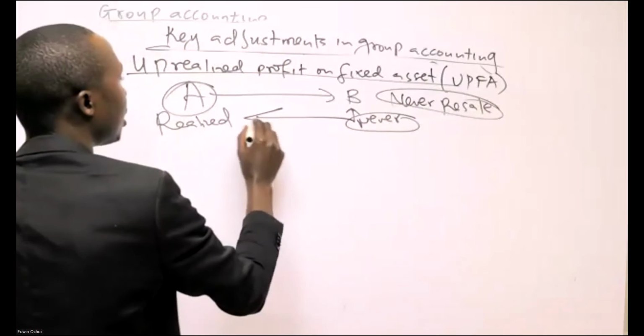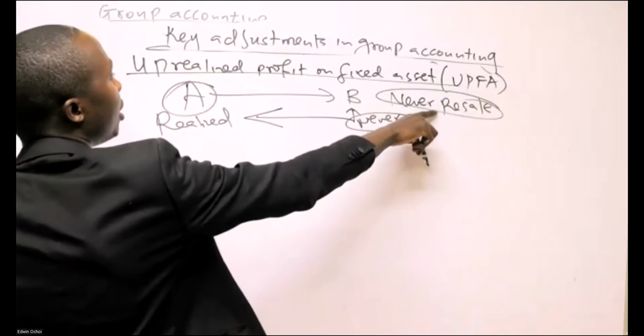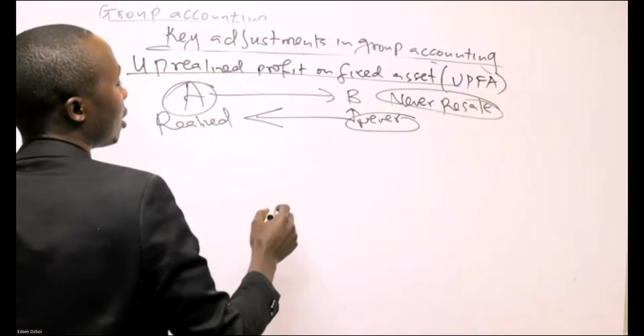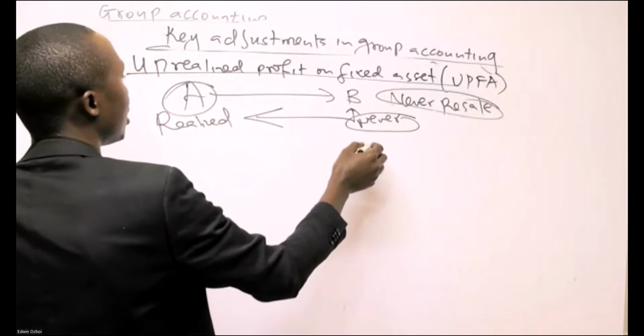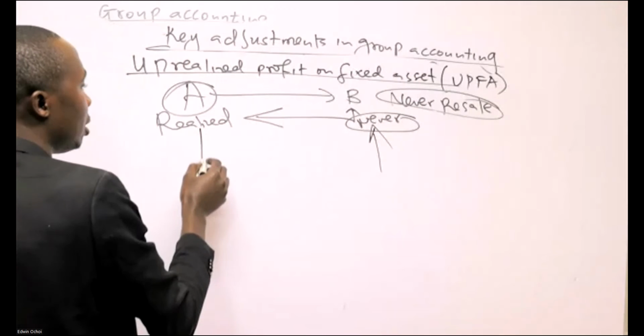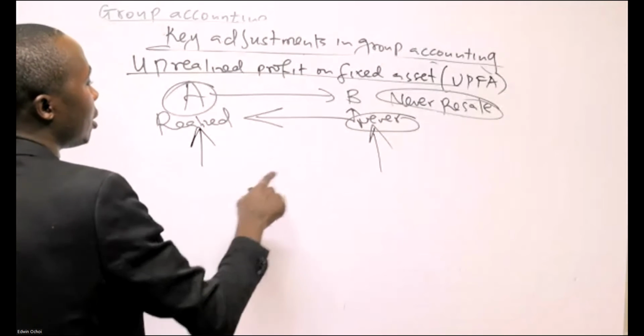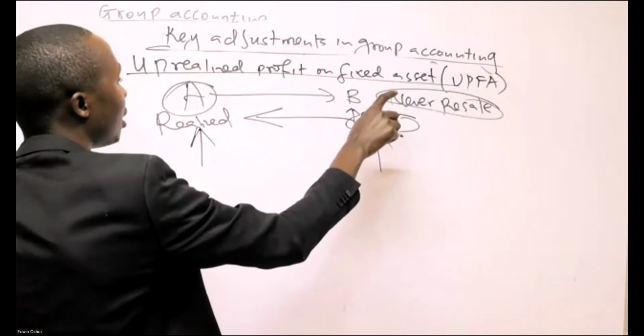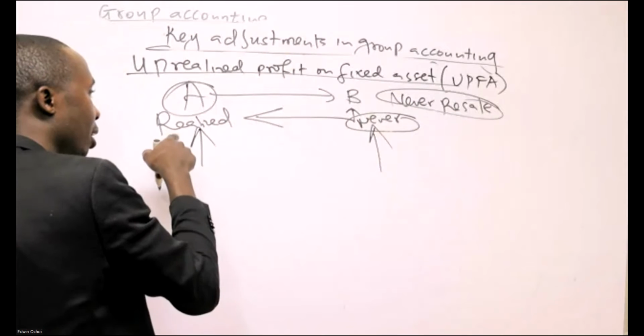That profit unrealized by B was realized by A.